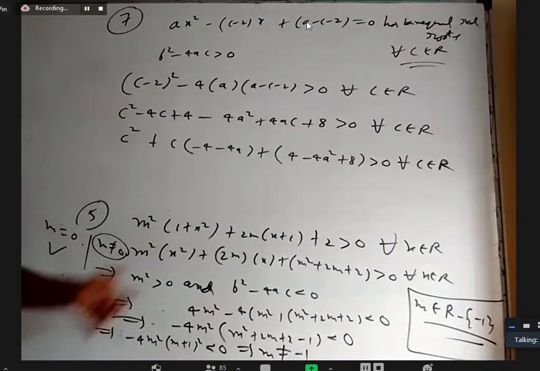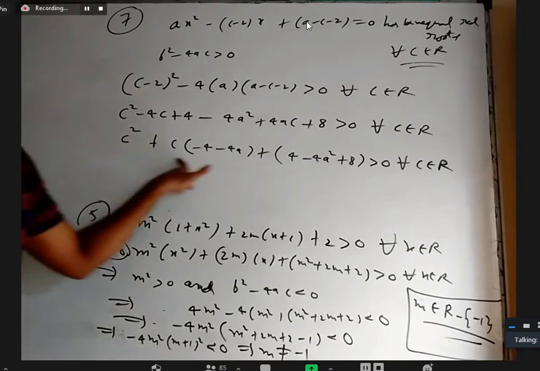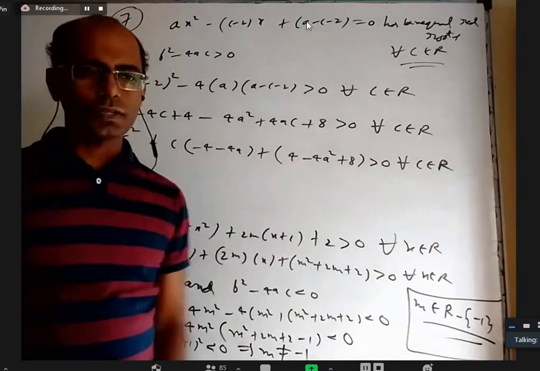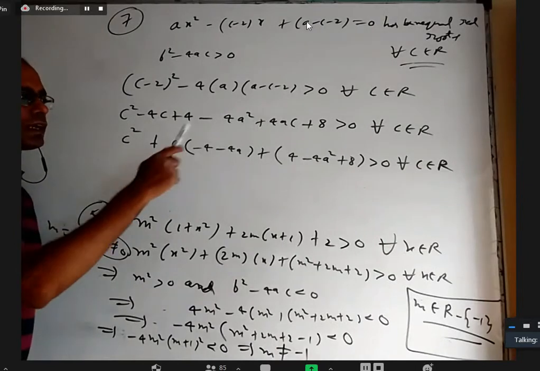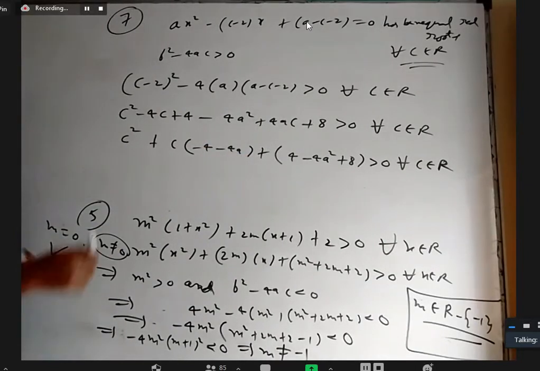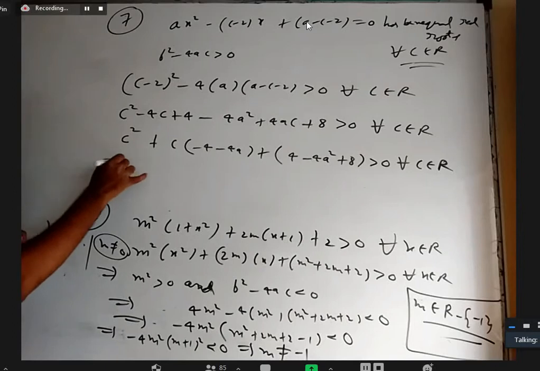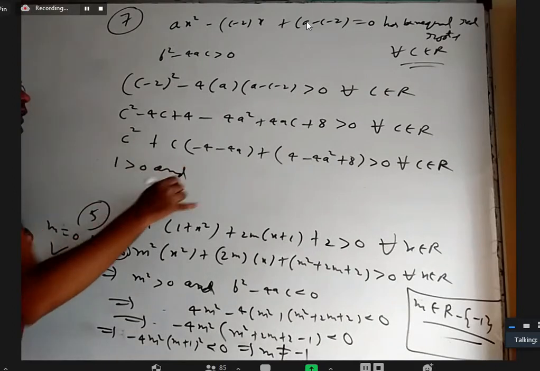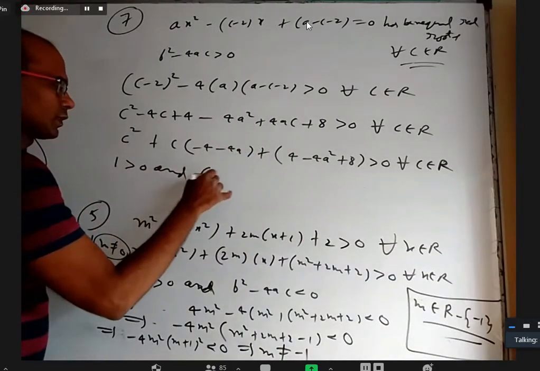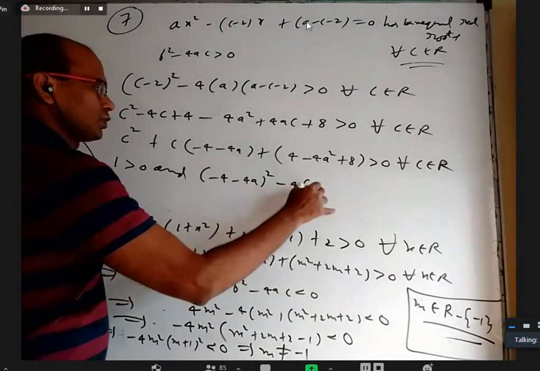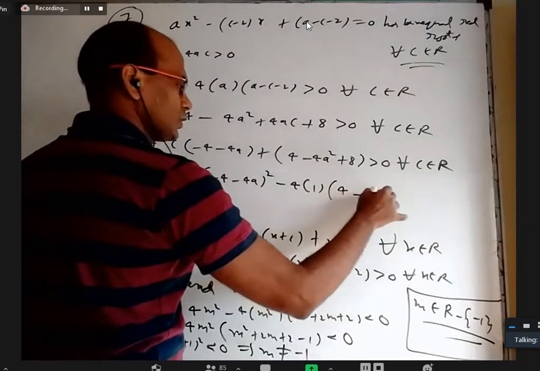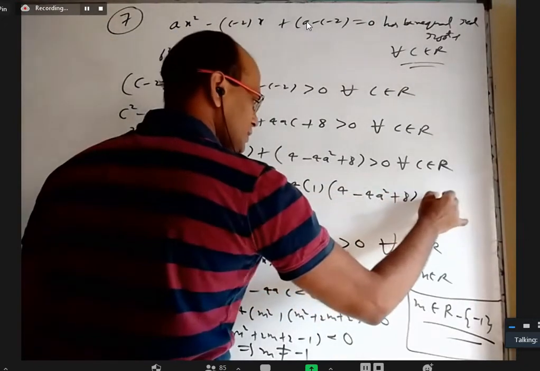Or in terms of x, when will a quadratic expression be greater than 0 for all x? For this, I have to check that the leading coefficient should be positive and b square minus 4ac should be negative. So what is the c square coefficient? 1, and 1 is greater than 0. And the discriminant, b square minus 4ac, that is (minus 4 minus 4a) square minus 4 into 1 into (4 minus 4a plus 8) will be less than 0.